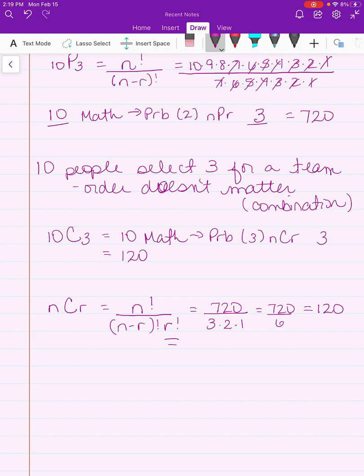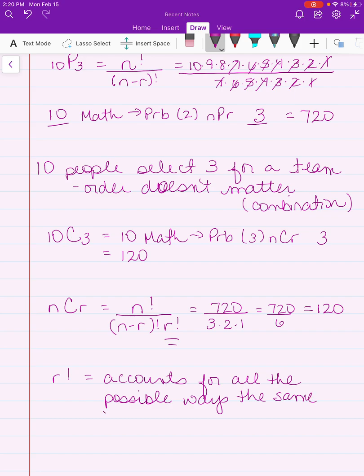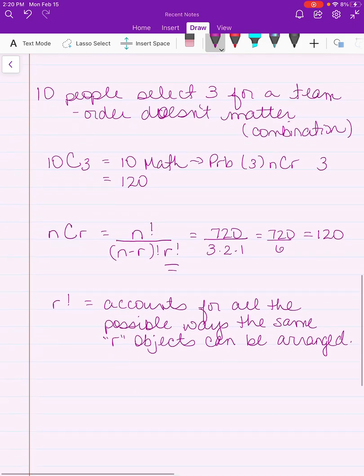So this extra r factorial accounts for all the possible ways the same r objects can be arranged. So you're taking out the repeats when you divide by that r factorial.